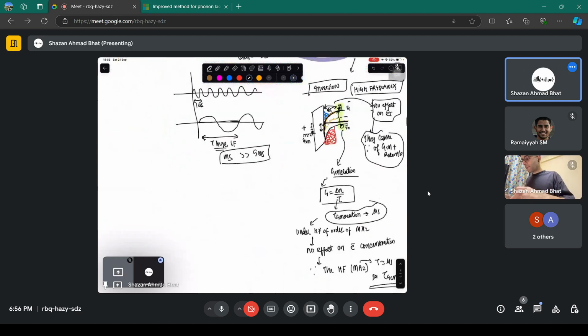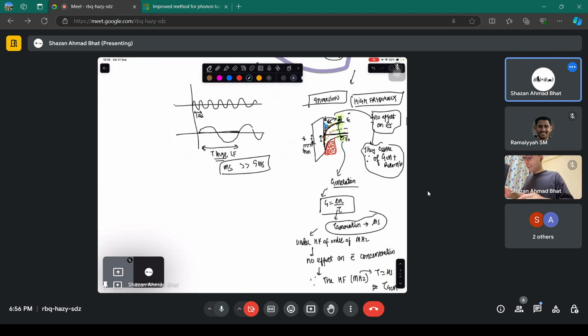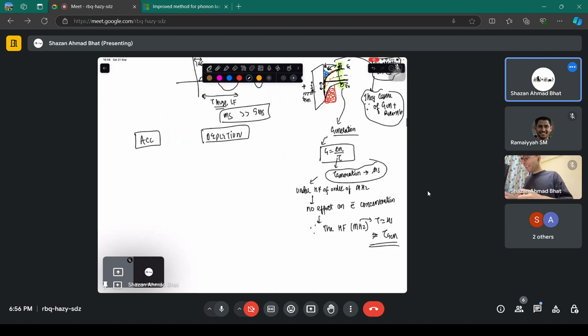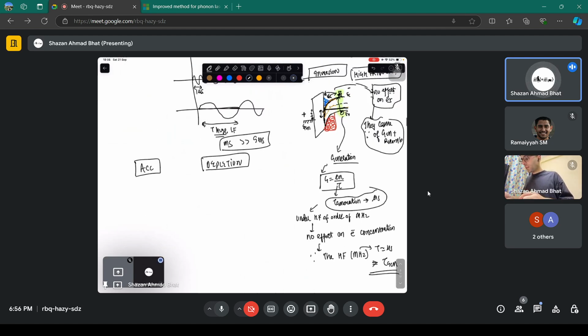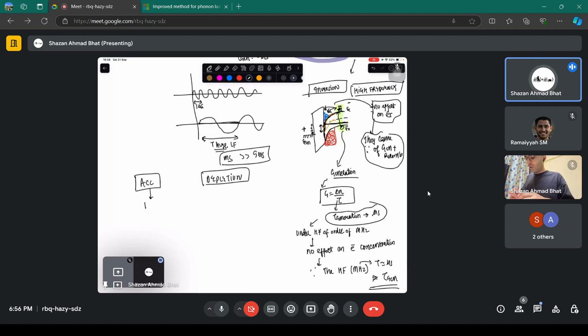Why? You see that in the accumulation and depletion, it does not affect because in the accumulation, the holes get accumulated.